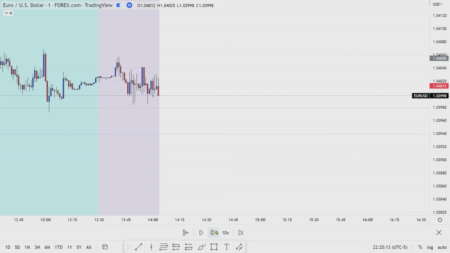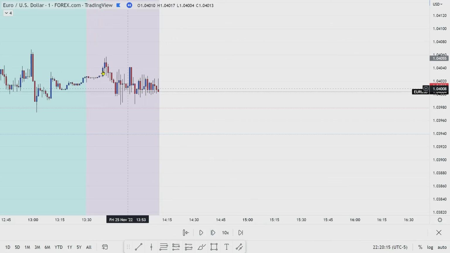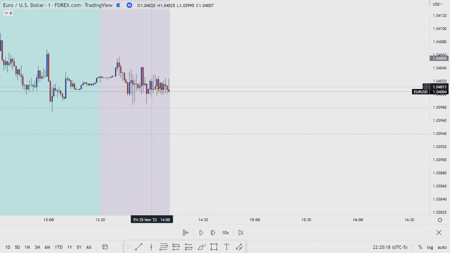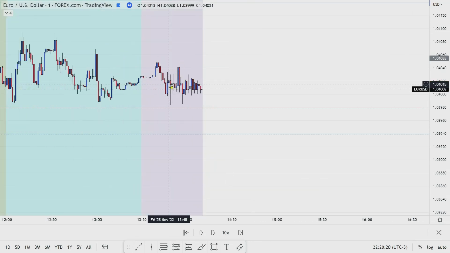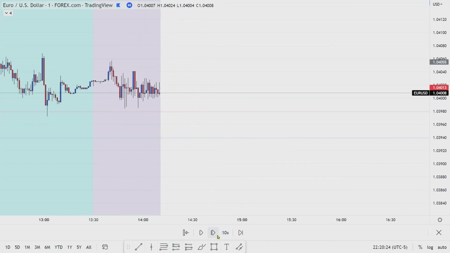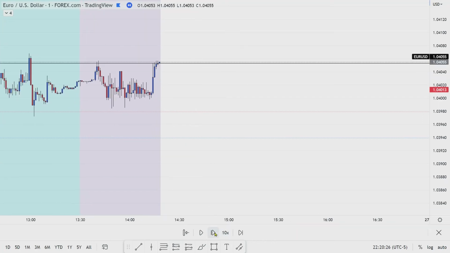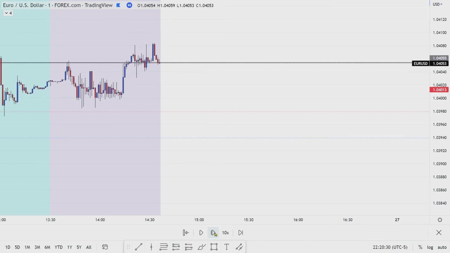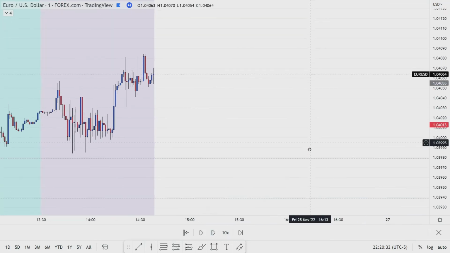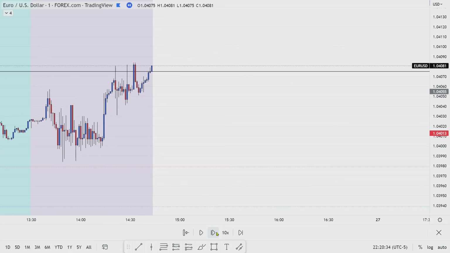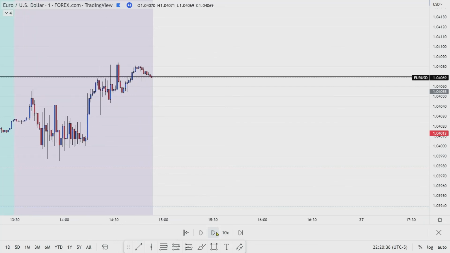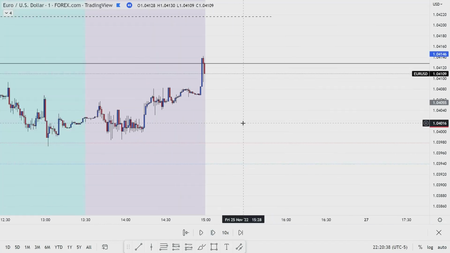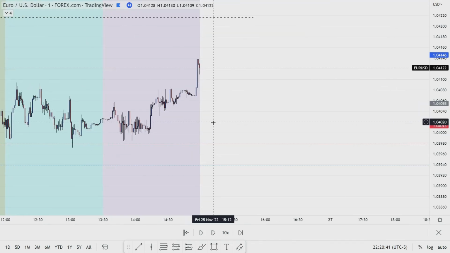Not much action, more of consolidation. This is very choppy consolidation. There's a lot of consolidation considering we're on the 1 minute. So this is already giving me not a good feeling on finding a trade. And as we reach the end of that New York area, we don't really see much.